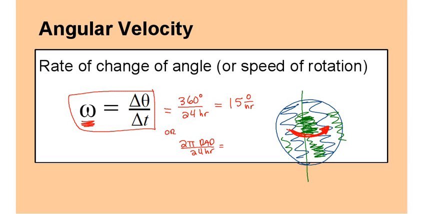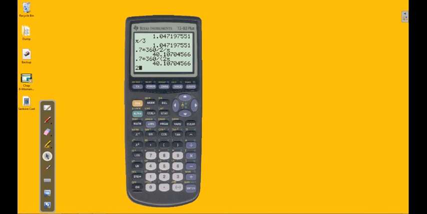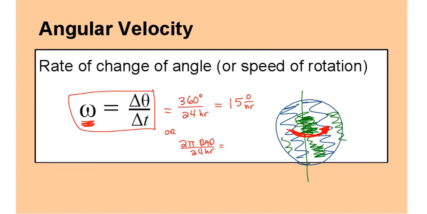And you could drill that down to seconds if you wanted to. But 2 pi divided by 24 works out to 0.262 radians per hour. Okay, so those would be perfectly good ways to say angular velocity.